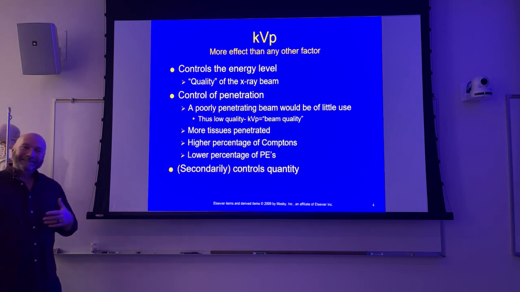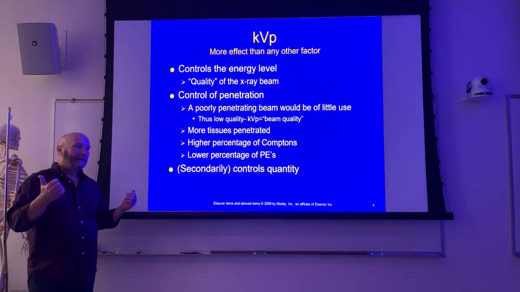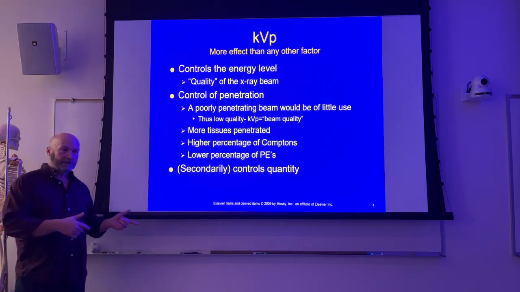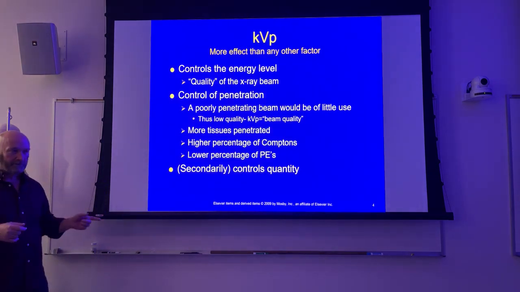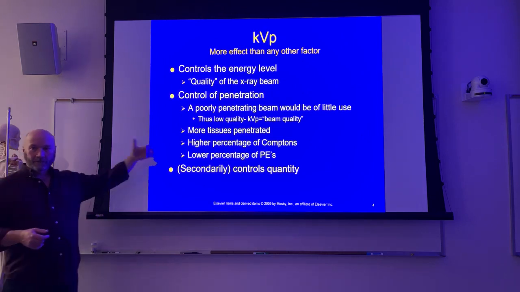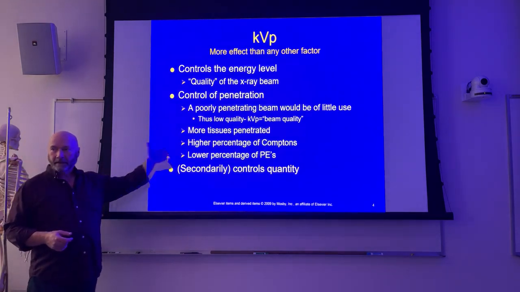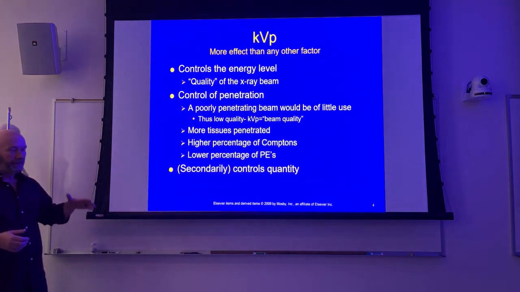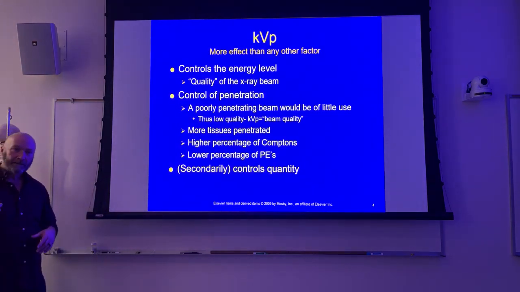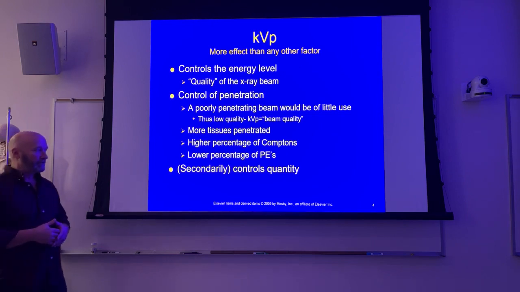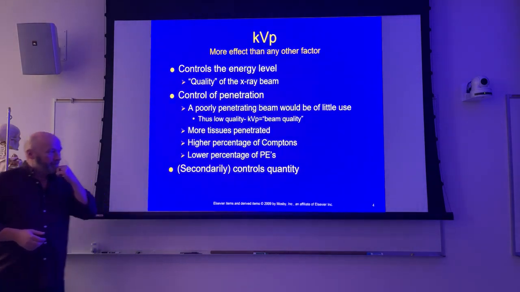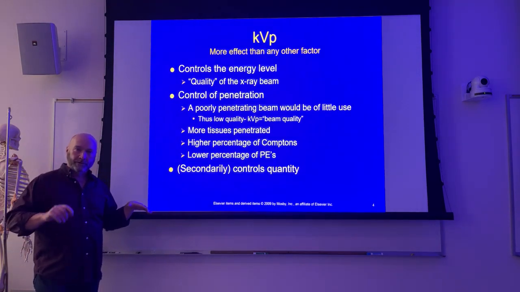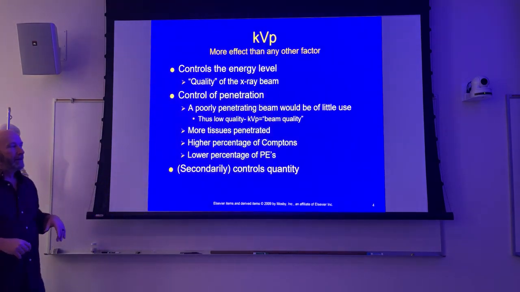But since kVp didn't affect our contrast as much as it did with screens and films, they increased kVp instead of increasing mass whenever they made those changes. We'll talk about that later in the semester, but they increased kVp so that our patient dose didn't go up quite as dramatically. So we've seen using kVp to reduce patient dose a little bit, right?